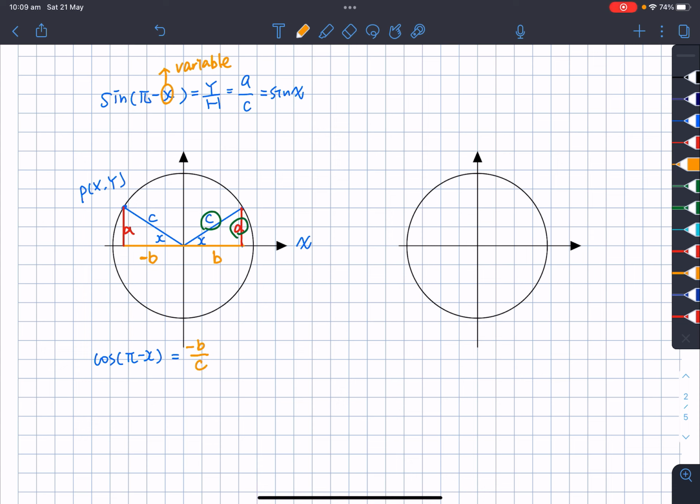Okay, compared to the first quadrant, do you find that in the first quadrant here, the b over c is cosine theta, is cosine x. Therefore, you can rewrite it as negative b over c, so equal to negative cosine x.